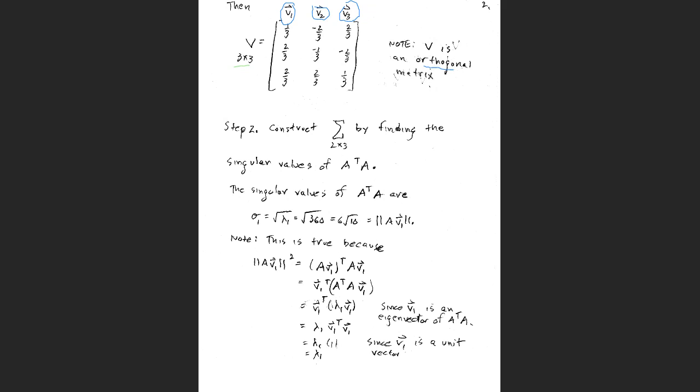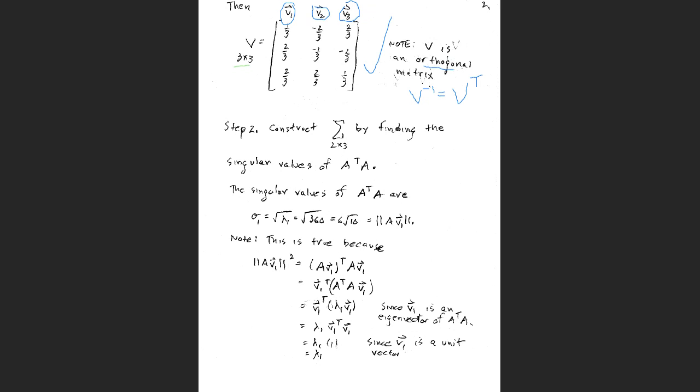That makes sense because we had three distinct eigenvalues, and we learned that when we have a symmetric matrix, eigenvectors from distinct eigenspaces are orthogonal to each other. We just normalized them. So V is an orthogonal matrix, and of course that means V inverse equals V transpose.